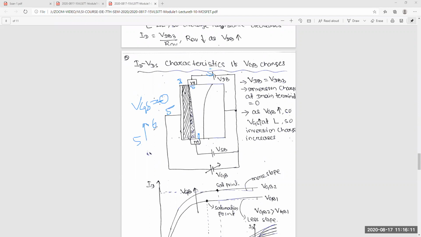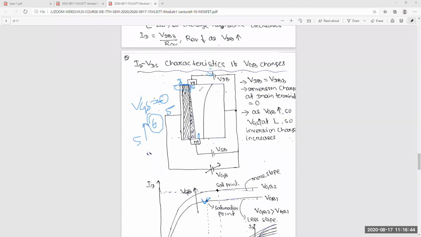Now we increase the gate voltage from 5 to 6 voltage, and we get 1 volt at this point. Initially it was 0, which means the surface charge at that point was 0, and we got this type of curve. Now by increasing VG, we get 1 volt here. That means it will be able to attract inversion charge again, or not?